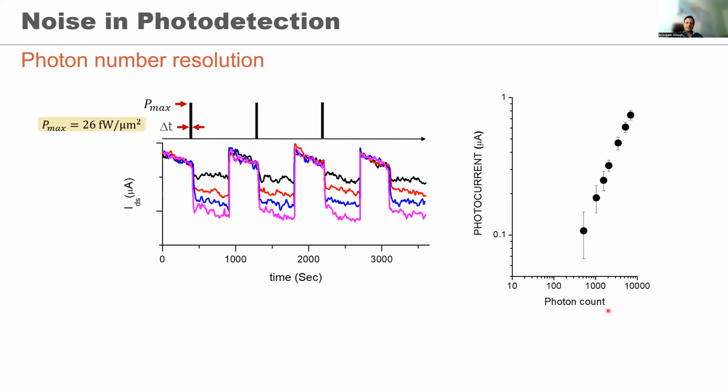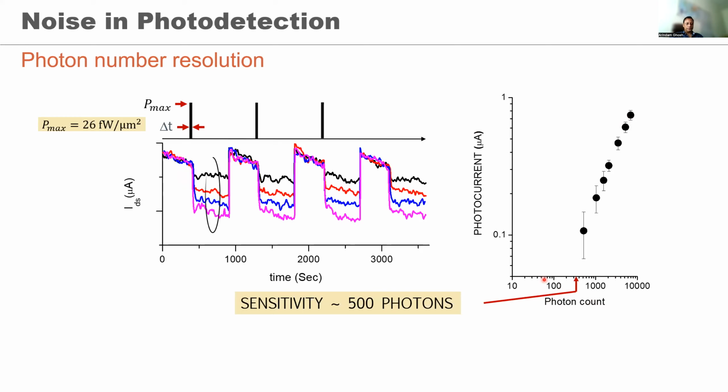From this pulse duration and height, we have the expected photon count, and this is the photocurrent we generate. So you can see the problem is that the sensitivity is not 1 or below, it's actually a few hundred photons. If you take these pristine devices, we still cannot go to single photon counting, but our limitation is about a few hundred photons.